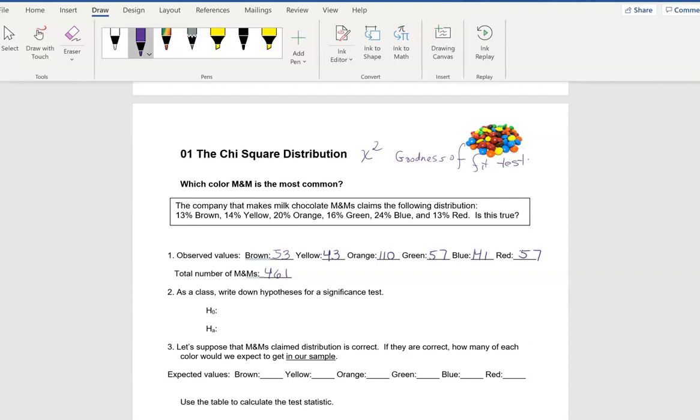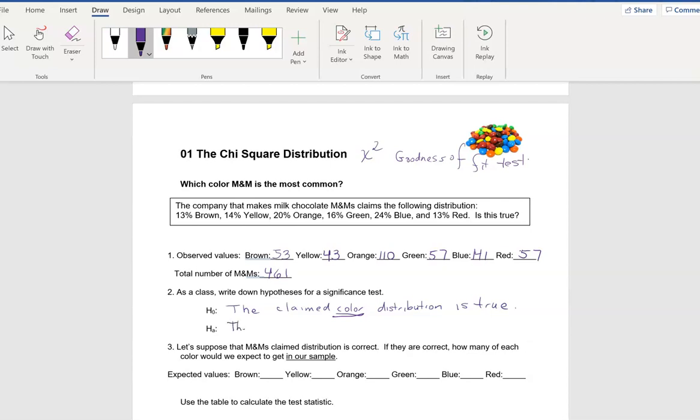The null hypothesis is that the claimed color distribution is true. Again, you want to put color distribution because you want to get the context of the problem in. It would probably be better to say the claimed color distribution of the M&Ms is true.